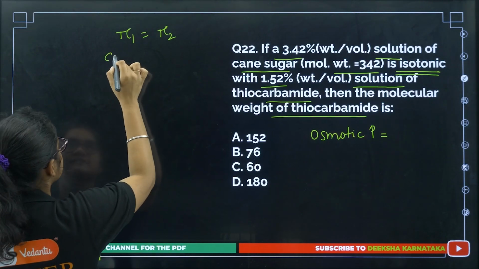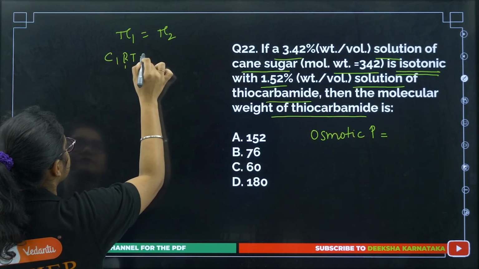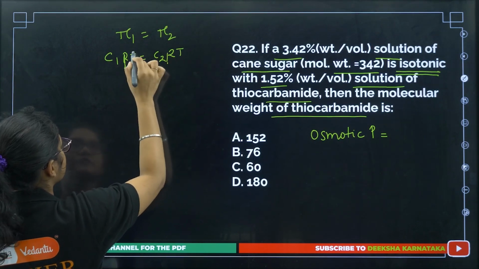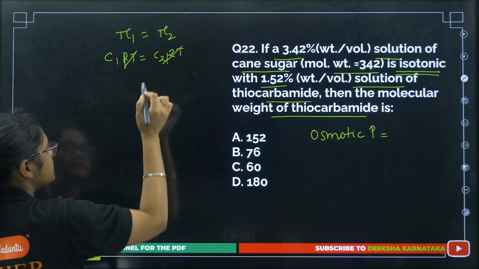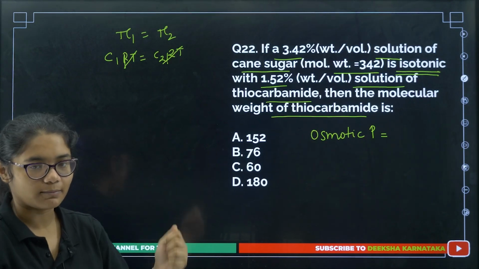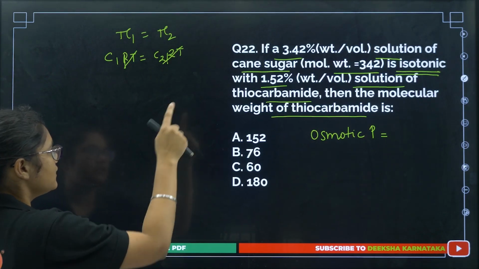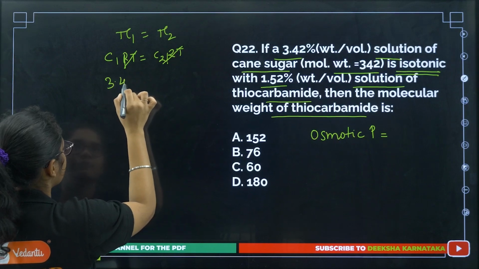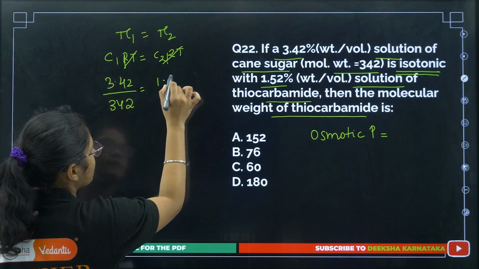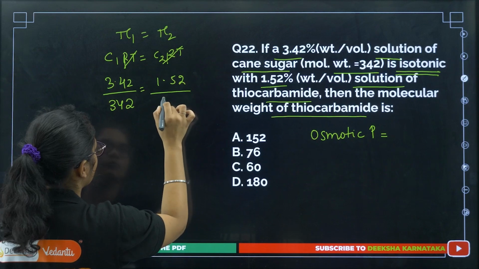So I can write C1 RT is equal to C2 RT, right? RT I can cancel. C1 means molarity. Molarity is number of moles per unit volume, which is again the same. So I can write that given mass 3.42 by molar mass is equal to 1.52 by the molar mass.